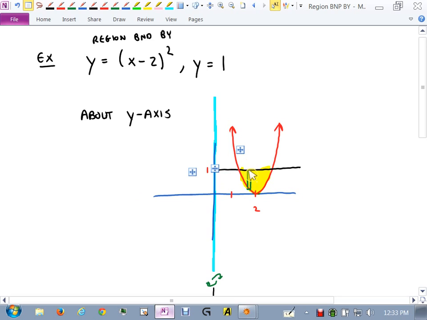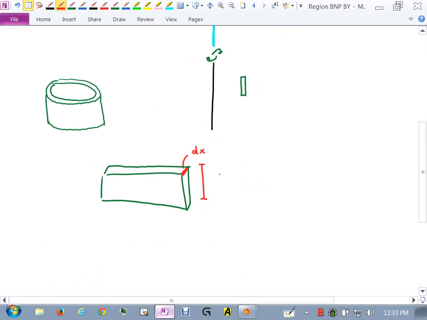It's that line minus (x minus 2) squared. So in this particular case, what's the top function? 1. Minus, what's the bottom function? (x minus 2) squared. How long is this thing? Now, this is the trickiest part.